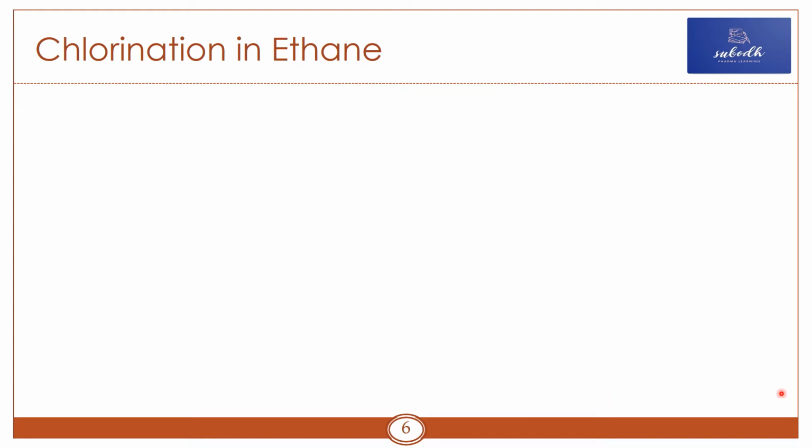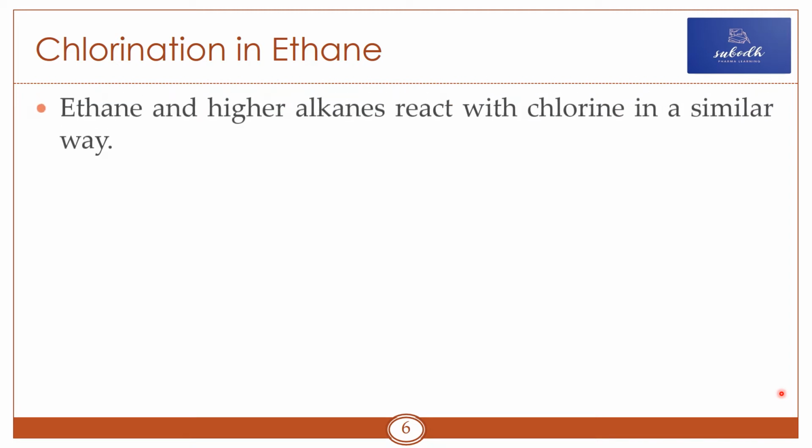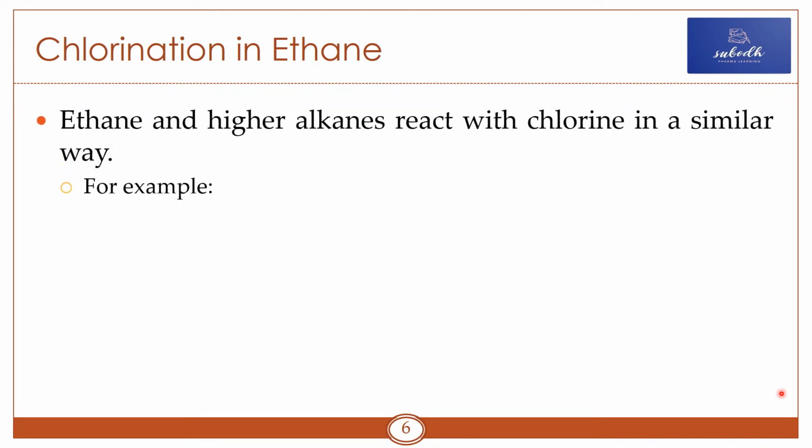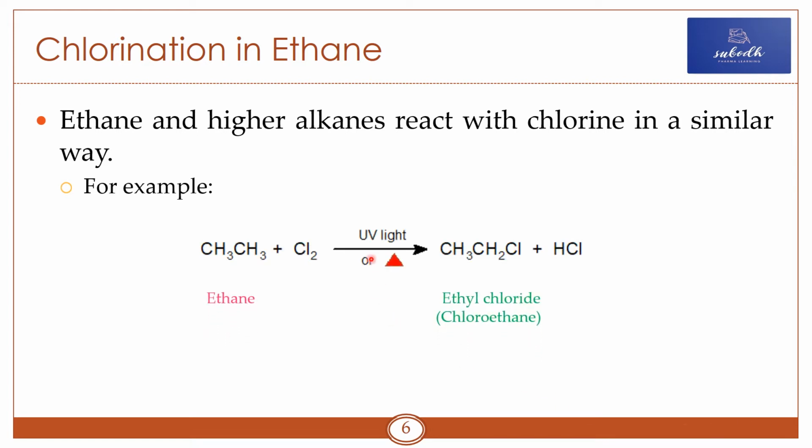The ethane and higher alkanes react with chlorine in a similar way, and all possible substitutions are obtained. For example, ethane reacts with chlorine in presence of UV light or high temperature to give chloroethane, that is ethyl chloride, which is a monosubstitution product.